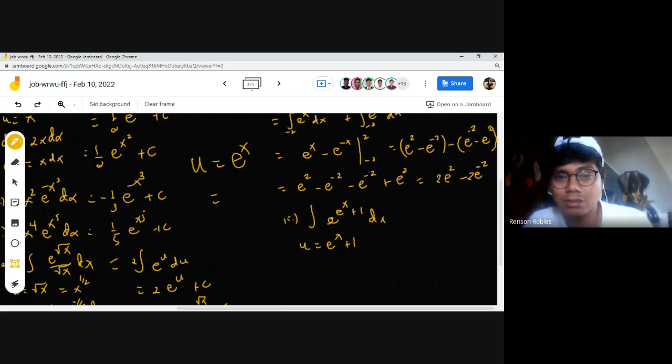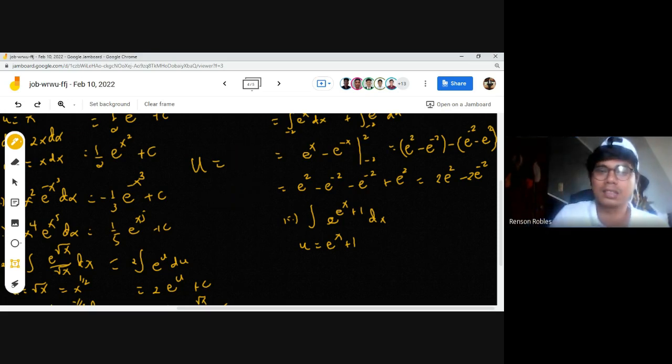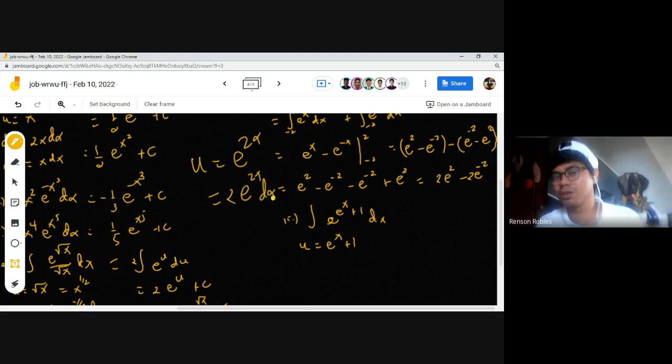Take the case of e to the 2x. The derivative of e to the 2x is 2e to the 2x dx. This is what I'm telling you. When you let u be an e function, dx should always have the same e function beside it. And it does not happen here.